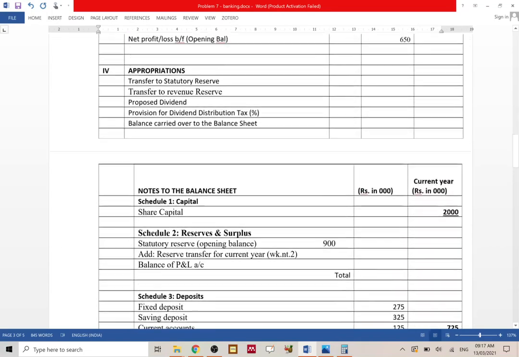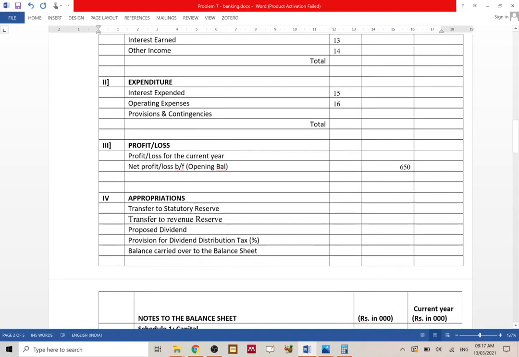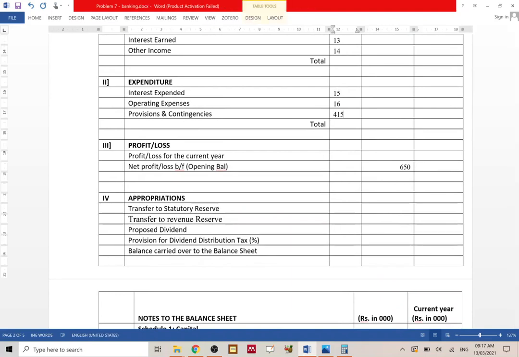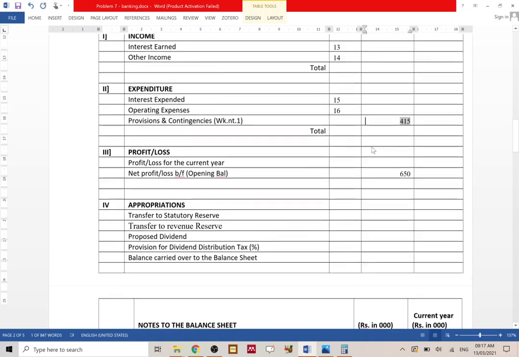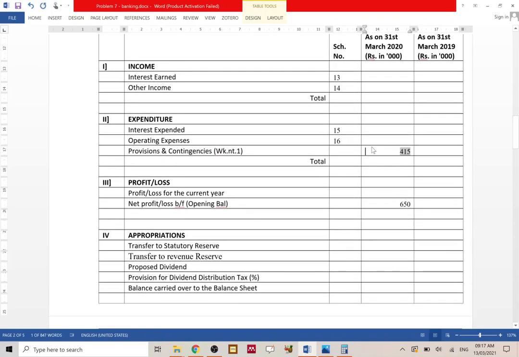The amount we calculated just now of provisions is 415. I will write in the bracket here, working note 1, just for our reference. So 415 is the provisions and contingencies, in the amount column.